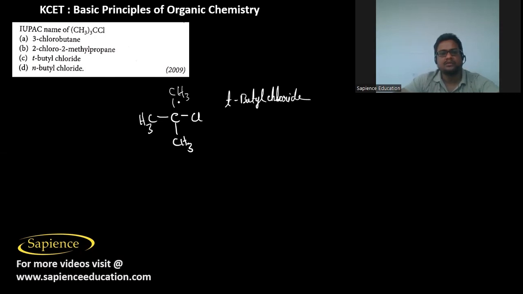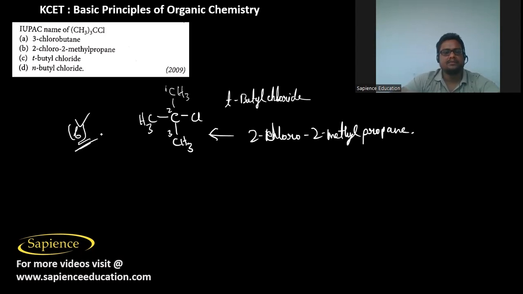For the IUPAC name, we have to take this 3 carbon chain. So its IUPAC name will be 2-chloro-2-methylpropane. Option B is the correct answer.